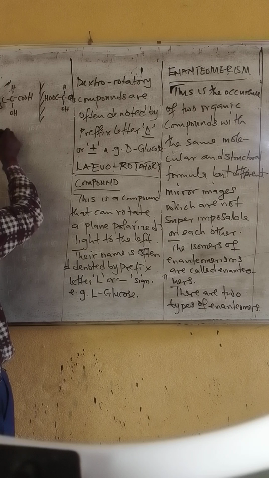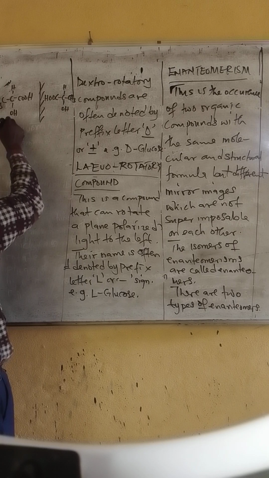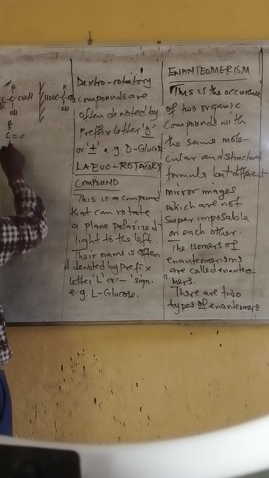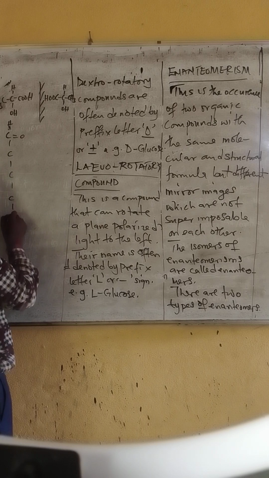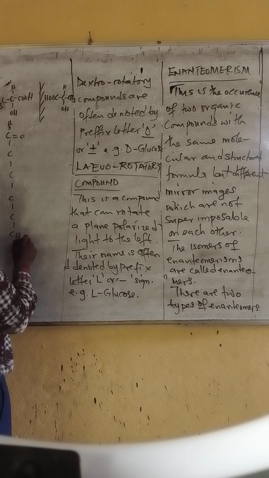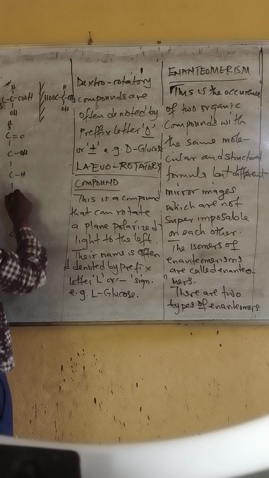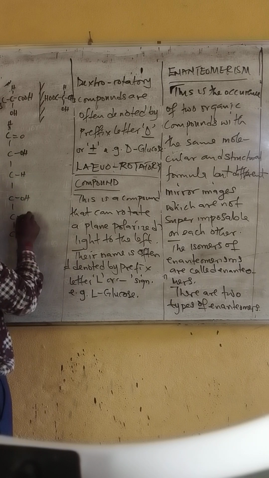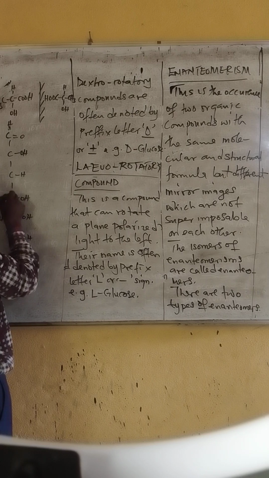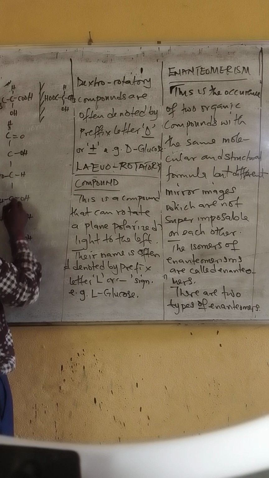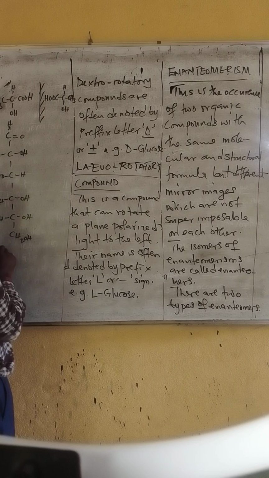What about glucose? 2, 3, 4, 5, 6. So if this is OH, H, OH, and OH, H, OH, and H. This is D-glucose.